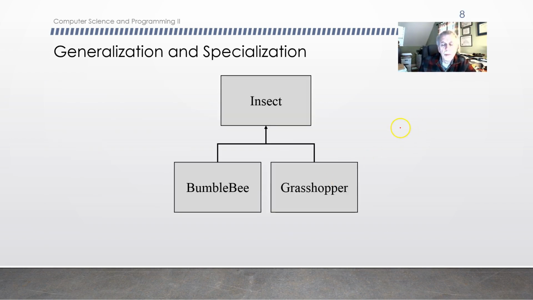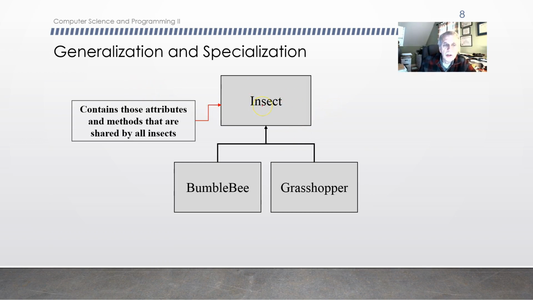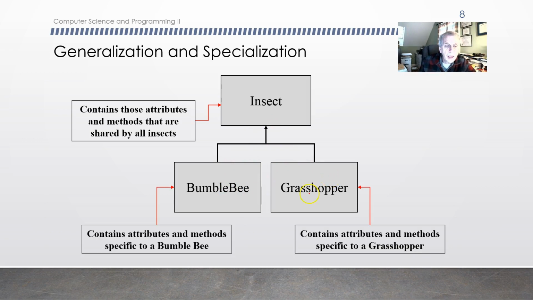So here's how we might depict it in the notion of inheritance using a form of a UML diagram. Up here we have the base type, insect, and we say, well, that's where the commonality is. Then bumblebee basically derives from that, grasshopper derives from that, and that's where we see the specialization and the extensions in terms of additional attributes that are unique to bumblebee or attributes unique to grasshopper, or behavior unique to bumblebee or unique to grasshopper.